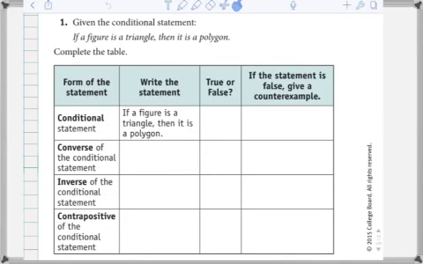Okay, so today we're going to look at conditional statements, as well as looking at the converse and the inverse and the contrapositive of a conditional statement. A conditional statement is nothing but an if-then statement.